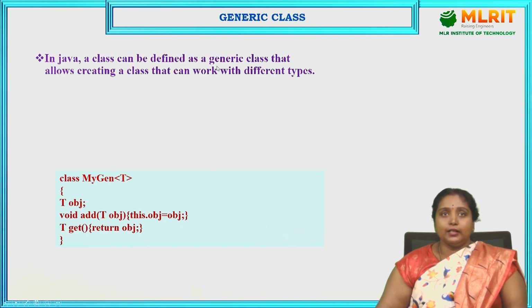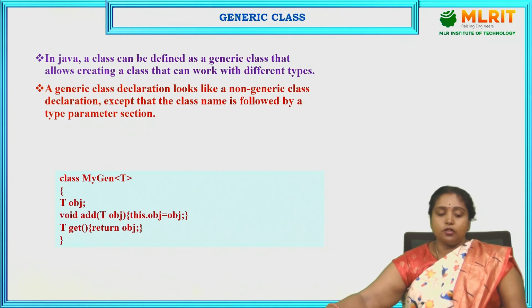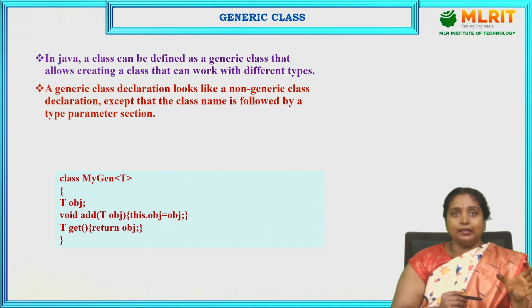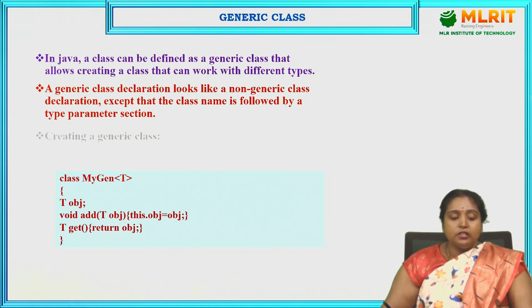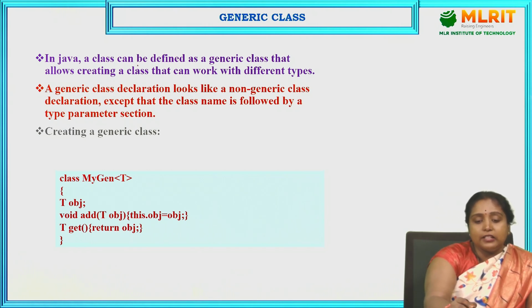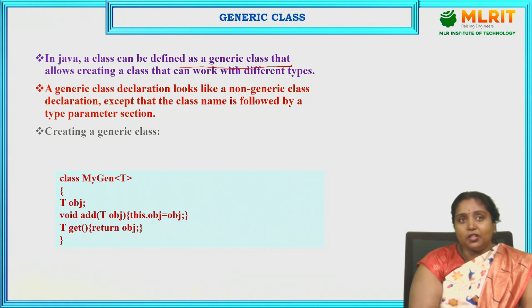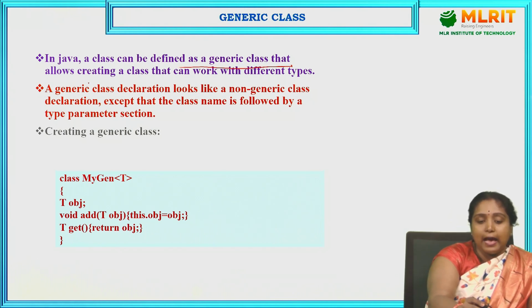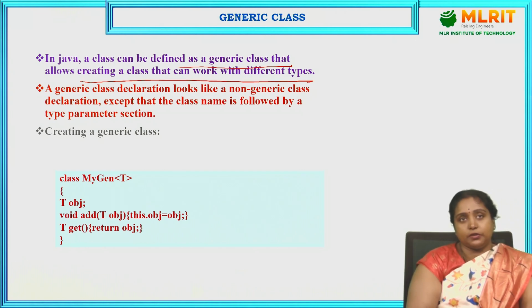Coming to the generic class. Instead of a single generic method, if you convert the complete class into generics, you are going to call that class a generic class. A generic class allows creating a class that can work on different types.